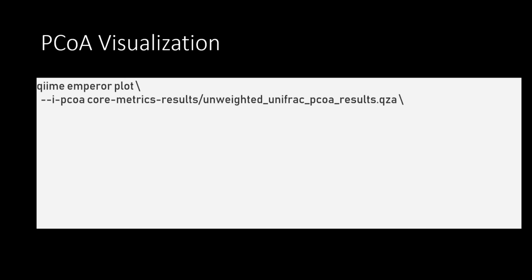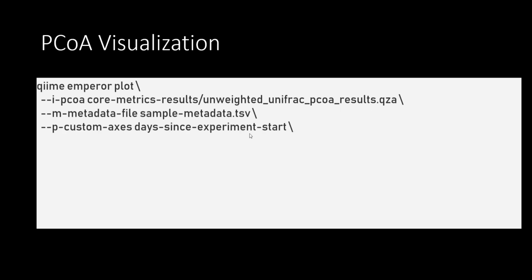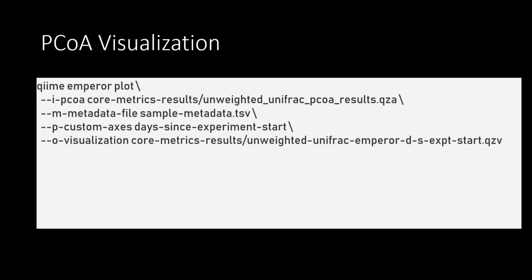Then you can do principal coordinate analysis using the QIIME emperor plot. You give it the data, so here's the PCoA results, and this code is giving us a custom axis. That's part of the moving pictures tutorial because the moving pictures is supposed to show subjects taking antibiotic pills and then they track those subjects over time, and what you find is that as they progress over time, their microbiome shifts as well, and you can kind of see that in the PCoA plot.